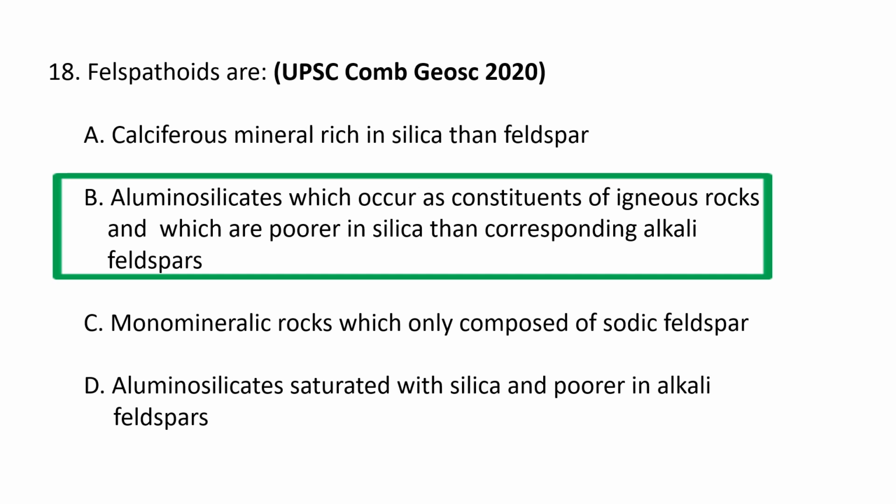They occur as important parts of igneous rocks and are poorer in silica than corresponding alkali feldspars. Feldspathoids represent any group of alkali aluminosilicate minerals similar to the feldspars in chemical composition, but either they may have a low silica alkali ratio or they may contain chloride, sulfide, sulfate, or carbonate. B is the correct option.